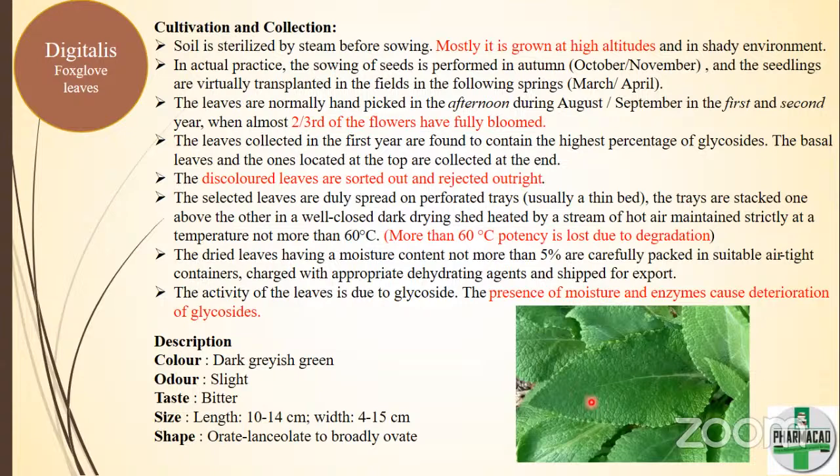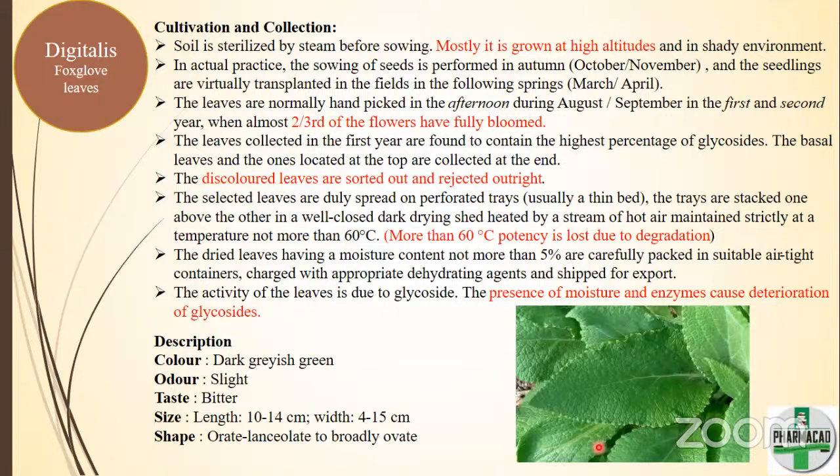What is important here is that the digitalis leaves are dried in trays stacked one above the other in well closed dark containers, strictly at a temperature not above 60 degrees Celsius. Why? Because if the temperature goes above 60, then the potency of the leaves is lost due to degradation. Okay. And the activity of the leaves is due to glycosides.